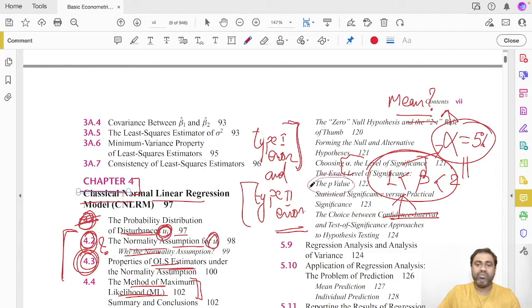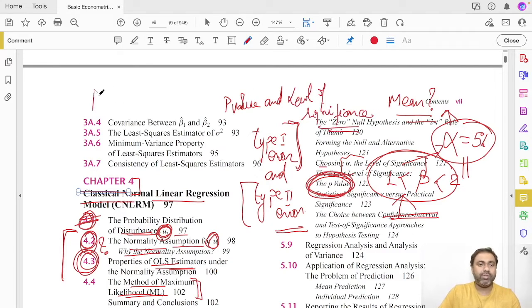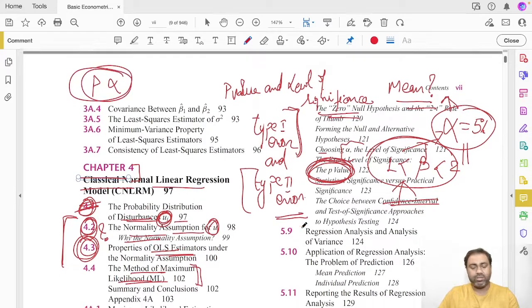And what is this p value? What is the relationship between p value and level of significance, the p value and alpha? This is very important.